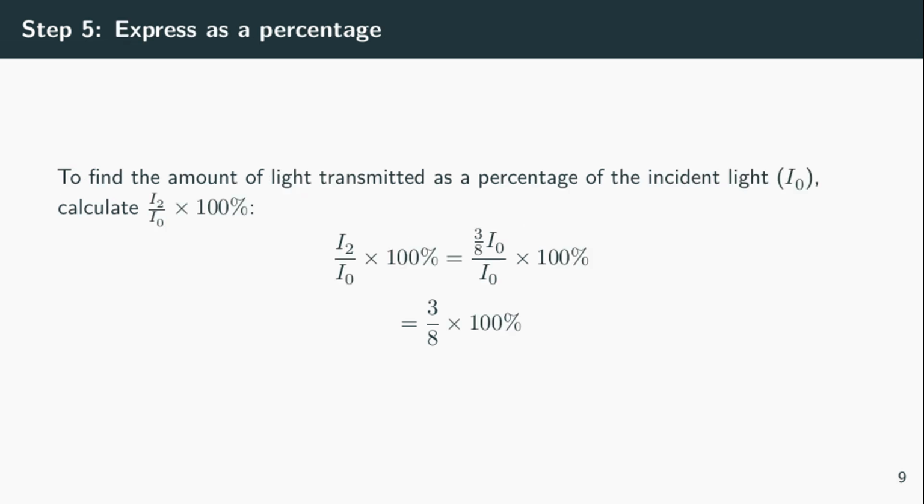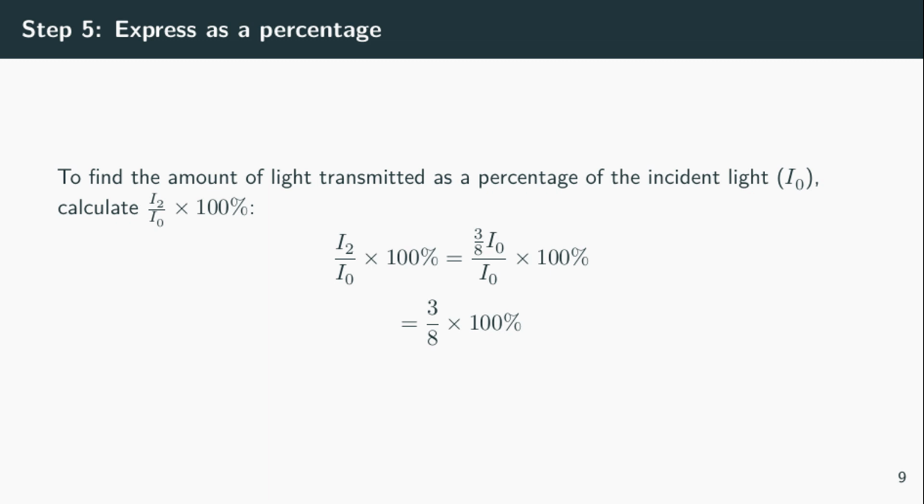Step 5 is to express this result as a percentage of the original incident light. To do that, we calculate the ratio of I2 to I0 and multiply by 100%. Since I2 is equal to 3/8 I0, the ratio I2 over I0 is simply 3/8.